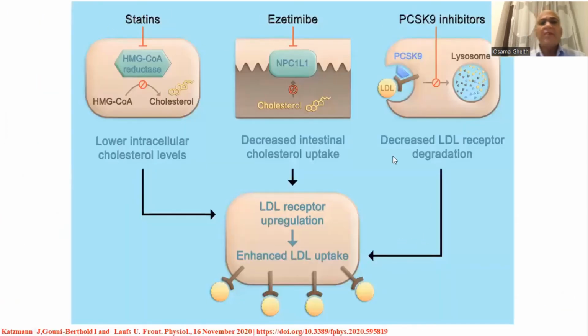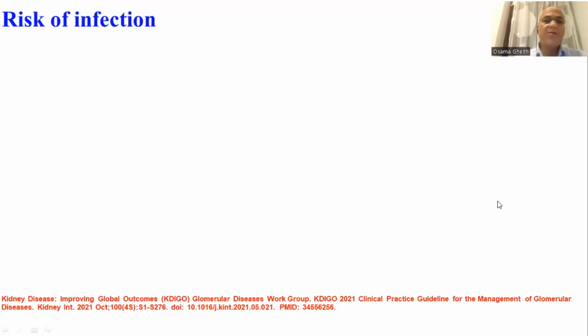The management of hyperlipidemia aims to upregulate the LDL receptor, either by reducing the synthesis of cholesterol through HMG-CoA reductase enzyme inhibition by statin therapy, or by decreasing intestinal absorption of dietary cholesterol, or through PCSK9 inhibitors, which decrease LDL receptor degradation. All of them will enhance LDL uptake and reduce cholesterol.